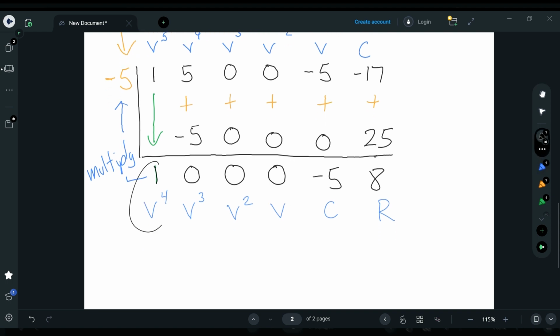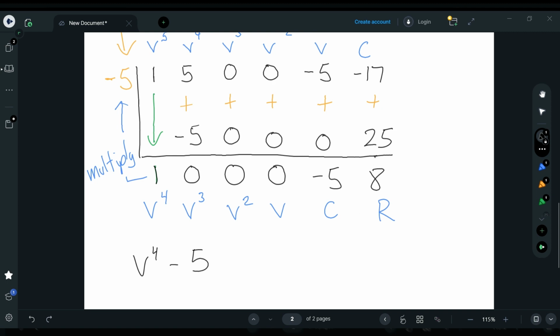So we have 1v4, or in other words, just v to the power 4. And then take a look here. We have 0 as a coefficient for v cubed and v squared and v, which means we're not even going to write those terms at all. The next term that we're going to write is negative 5 as our constant term, so we'll do minus 5. And then the last thing here is our remainder.